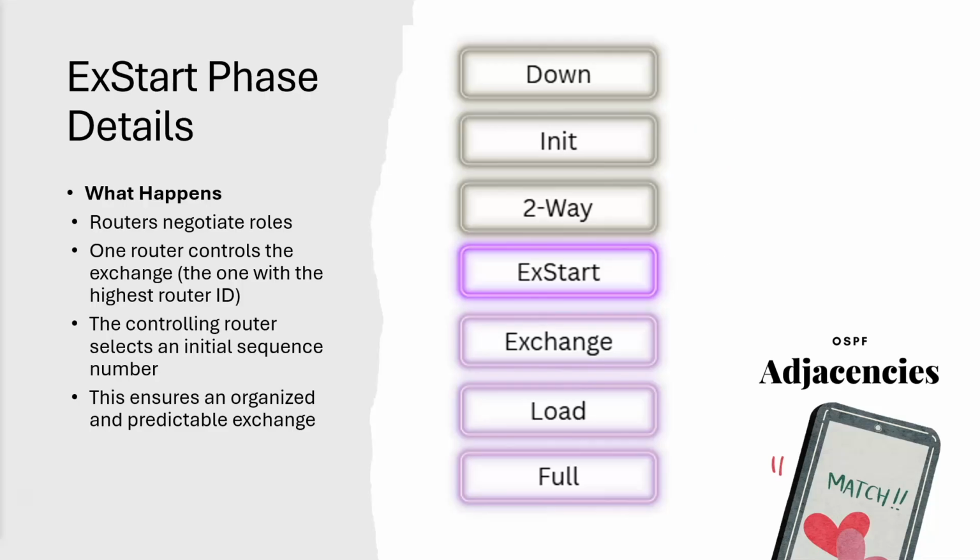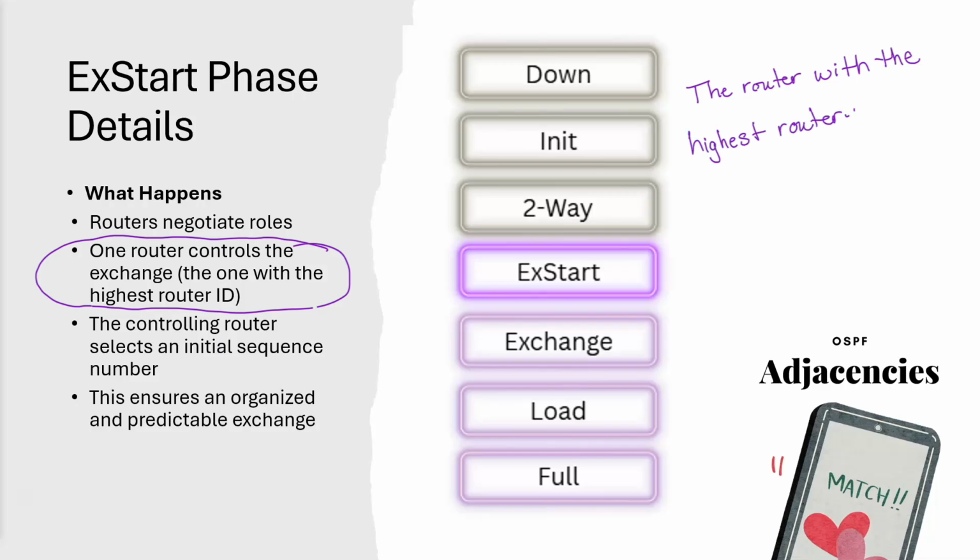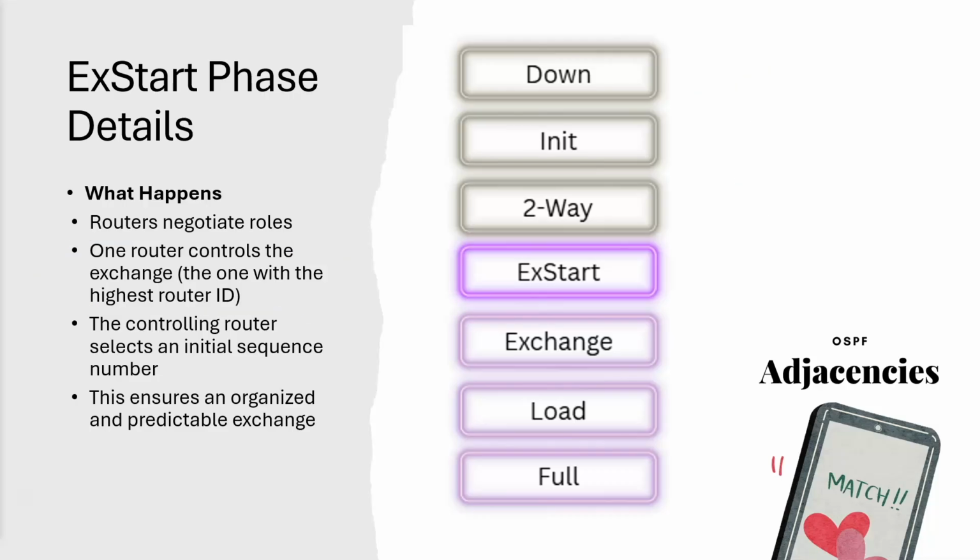The decision about who communicates first is made with the highest router ID. The router ID that is highest always becomes the leader, and then the lower router ID or IDs become the followers. During ExStart, the controlling router also selects an initial sequence number, which keeps the exchange organized and predictable.